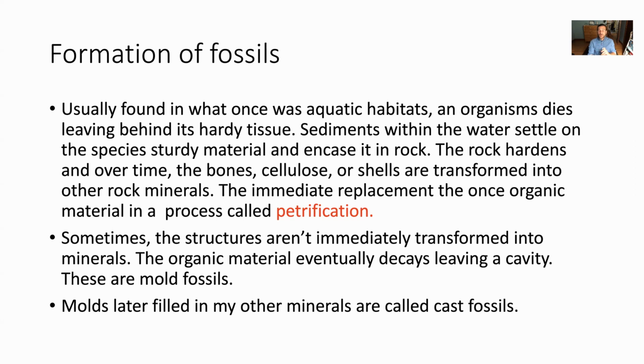Sometimes, however, the structures aren't immediately transformed into minerals, and the organic material eventually decays, and that leaves a cavity in the rock formation. So sometimes those structures over time aren't replaced by minerals, and when that happens, those organic materials, because of the long duration of time, will just dissolve, and it'll leave a cast.